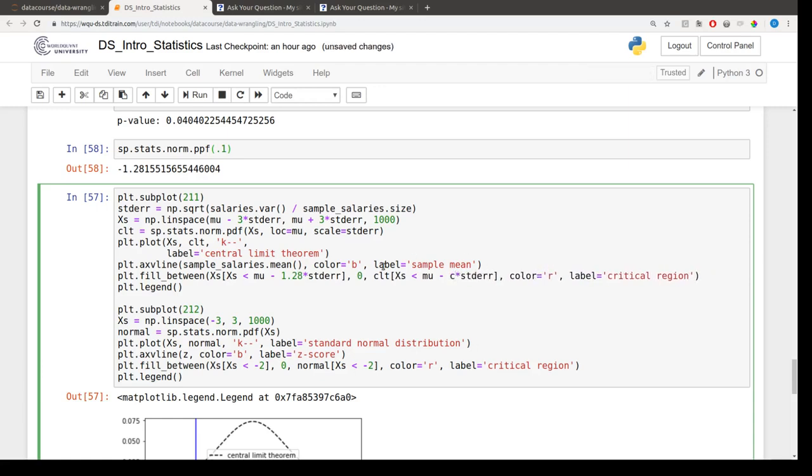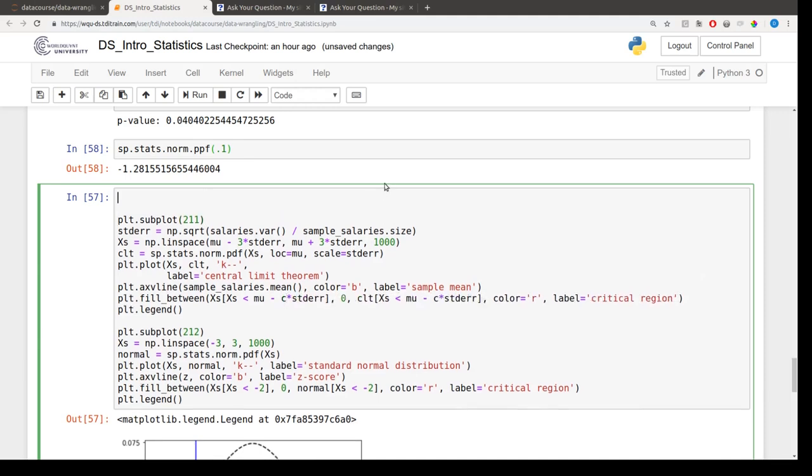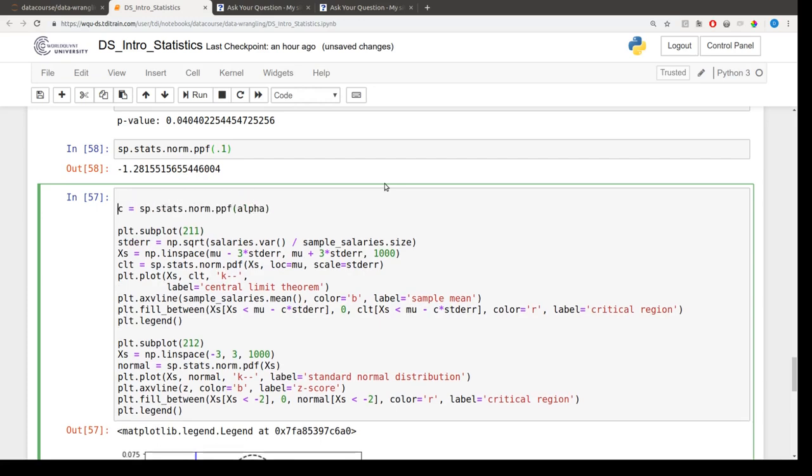I'll call this C, and then I will say C equals scipy stats norm PPF alpha, and we'll set alpha equal to 0.1.